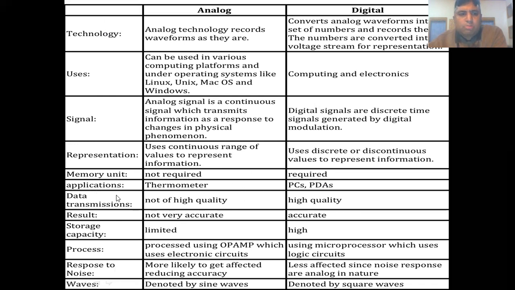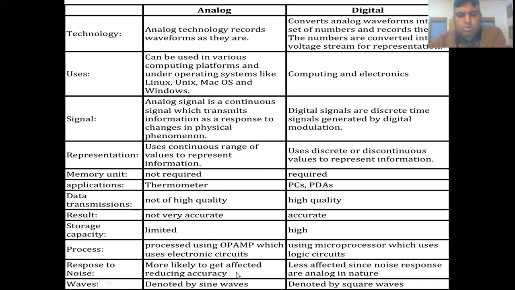For data transmission, analog is not high quality, whereas in digital there is very high quality data transmission. In result, analog is not very accurate, whereas a digital circuit is very accurate. In response to noise, analog is more likely to be affected, reducing accuracy.